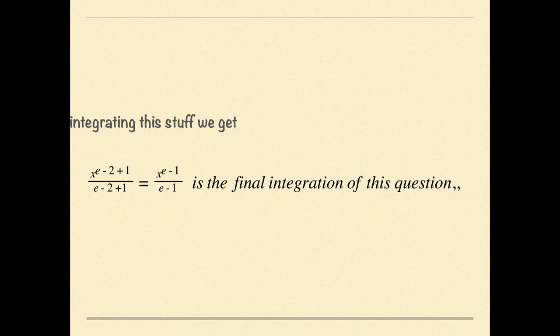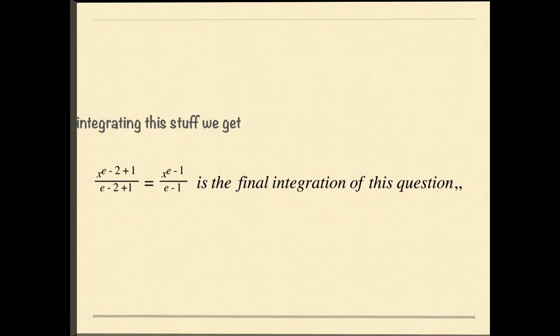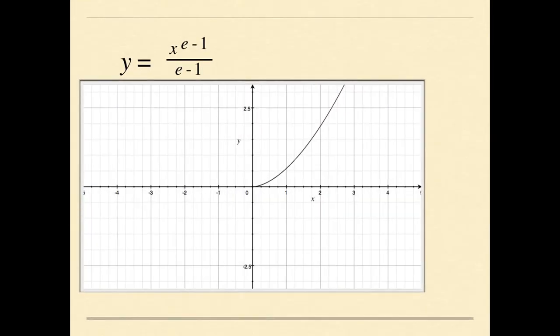So if you are more interested in this equation or its graph, then here it is. This is the graph of x to the power e minus 1 by e minus 1. So yeah, this is it. This is the final equation that can be taken out from this integration. And yeah, good luck.